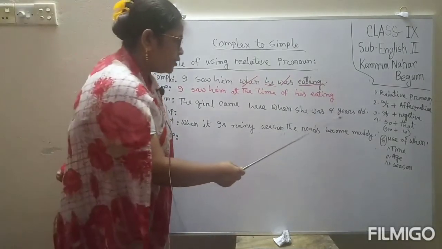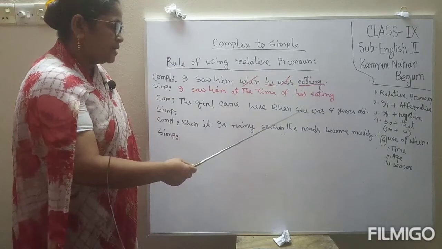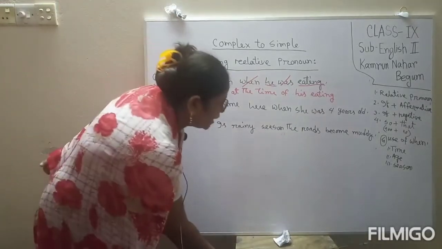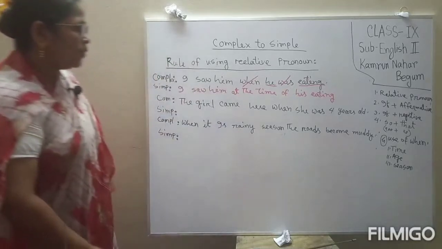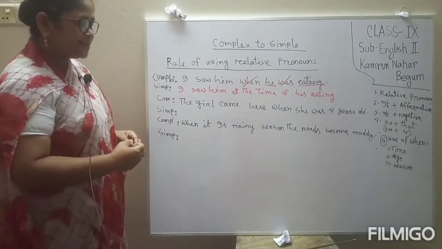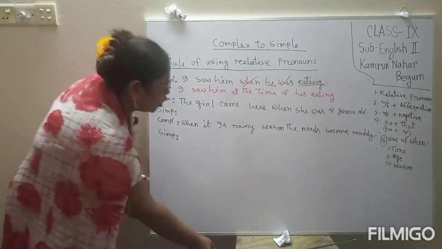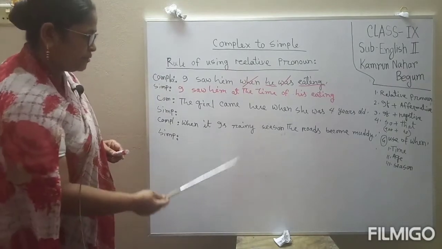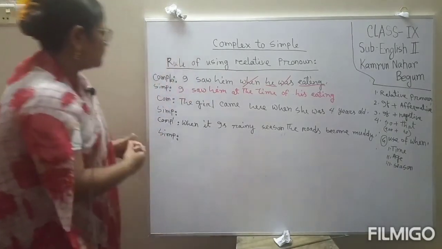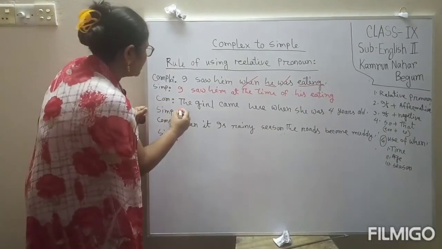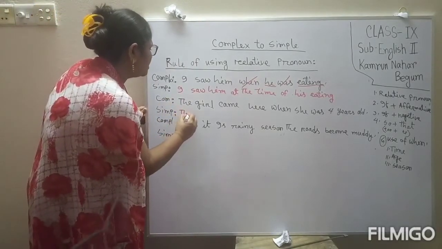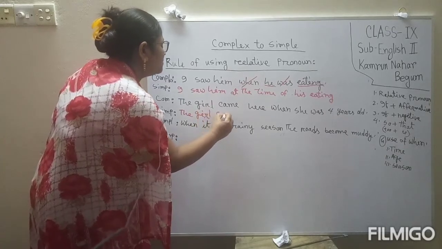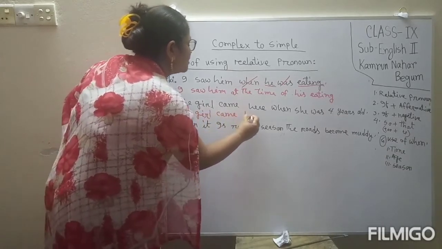Here 4 years old is the situation of discussing age, and in this situation we will use at the age of instead of when. So what can I write? The girl came here.